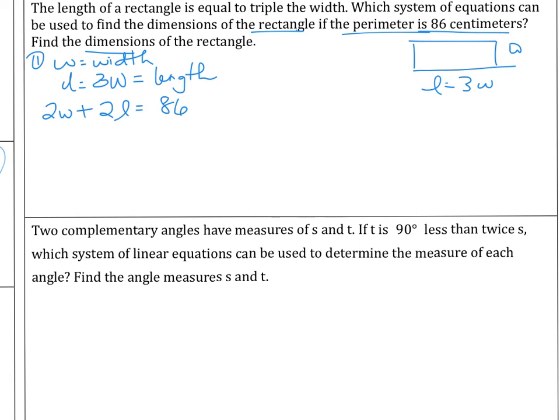I'm going to use the method of substitution and sub 3W in for L. So this would be, see, I could cancel out 2. So this would be W plus 3W equal to 43.